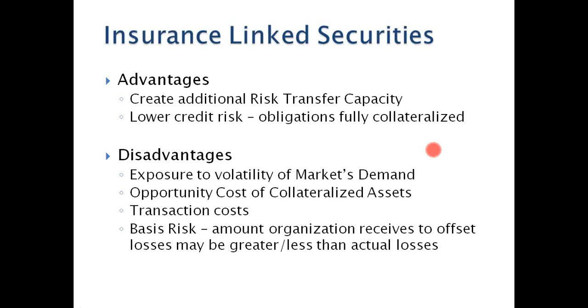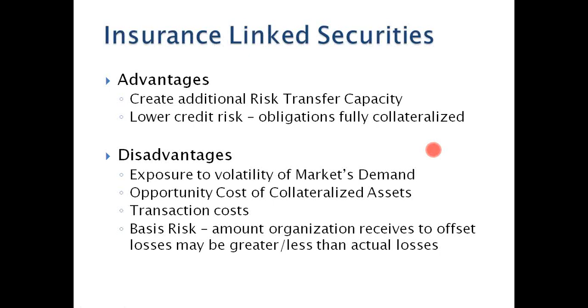So the advantages and disadvantages. One of the main advantages it talks about, even in the example, is that it creates additional risk transfer capacity and also lowers the credit risk. The reason it says obligations are fully collateralized is that they've collected all the money from the investors.